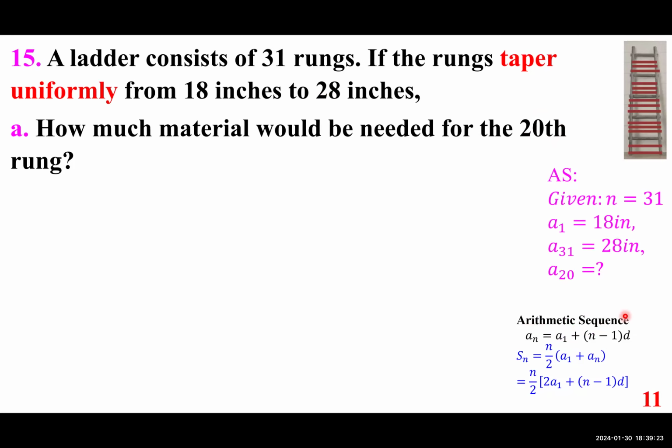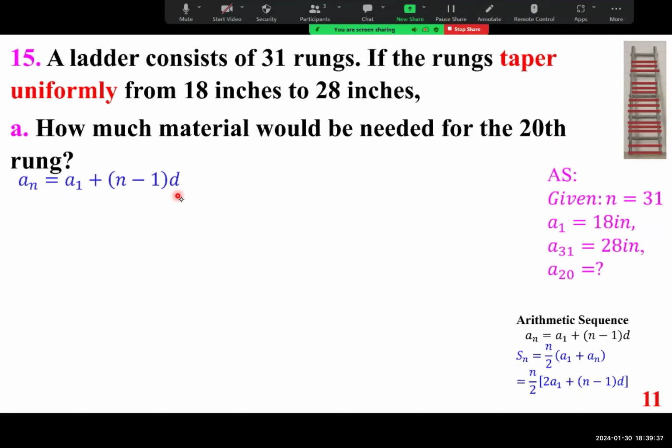Therefore, we're going to use A sub n is A sub 1 plus n minus 1 times d. First of all, A sub 1 is 18, and we are going to replace the n with 31. 18 plus 30d.